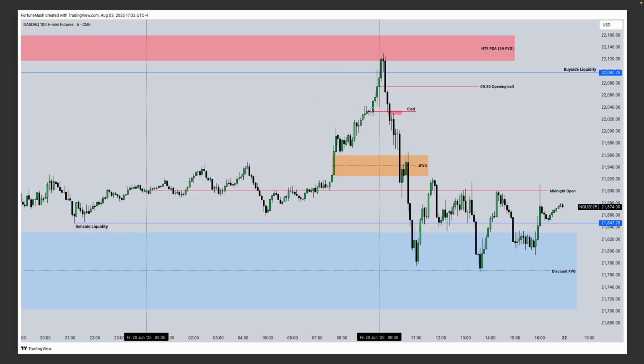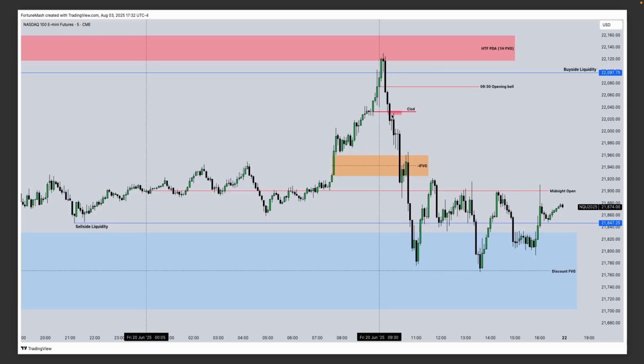So price now created these five up close candles, reaching that 1 hour FVG, and price started to break lower. These consecutive up close candles, once we close below them, that's our change in state of delivery.